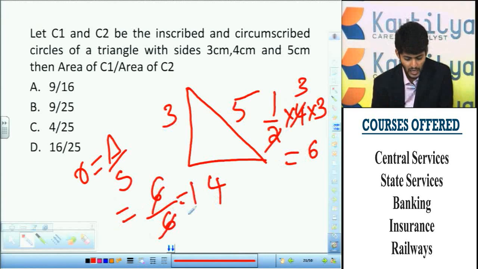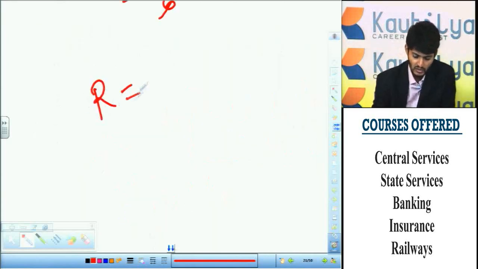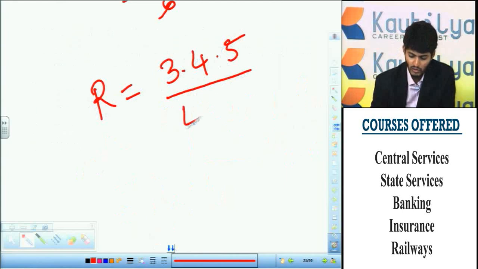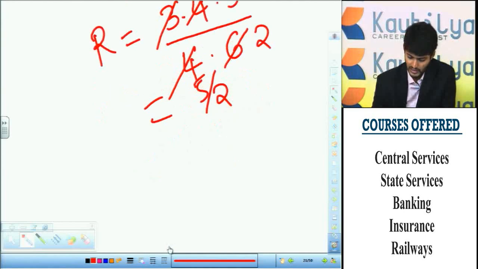Right? So if your small r is equal to 1, let me calculate the value of capital R. Capital R is equal to 3 into 4 into 5 by 4 delta. Delta you have already calculated before, which is 6. Okay, so this would be 5 by 2. So now you have calculated, you want the area of C1 by the area of C2.